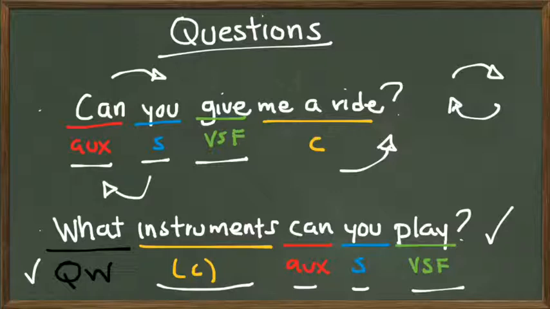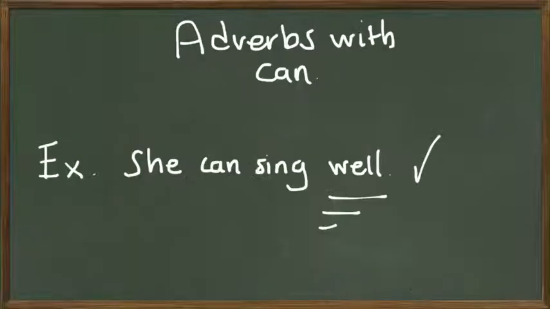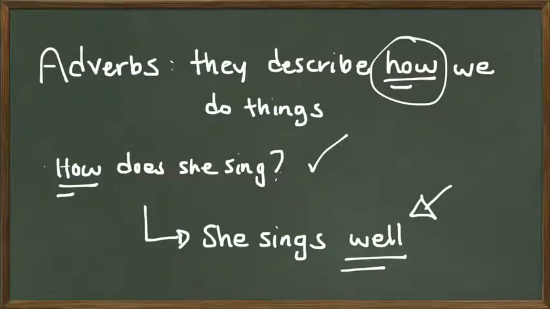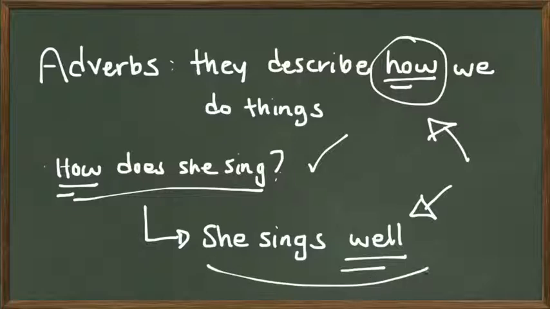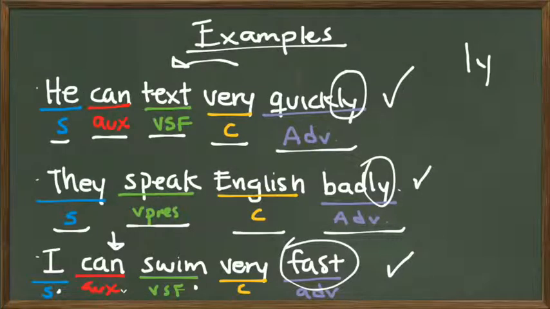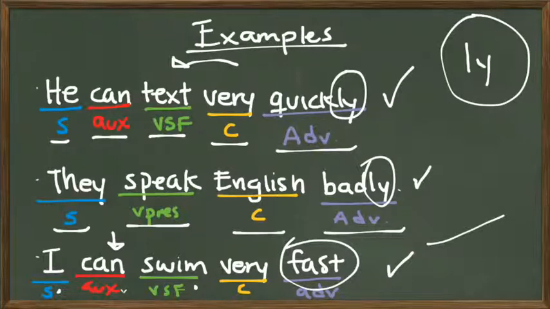Quite important, always to use it that way. Adverbs, don't forget that adverbs describe how we do things. For example, how does she sing? She sings well. We saw some examples. Normally, adverbs end in ly, but there are also some exceptions like fast.